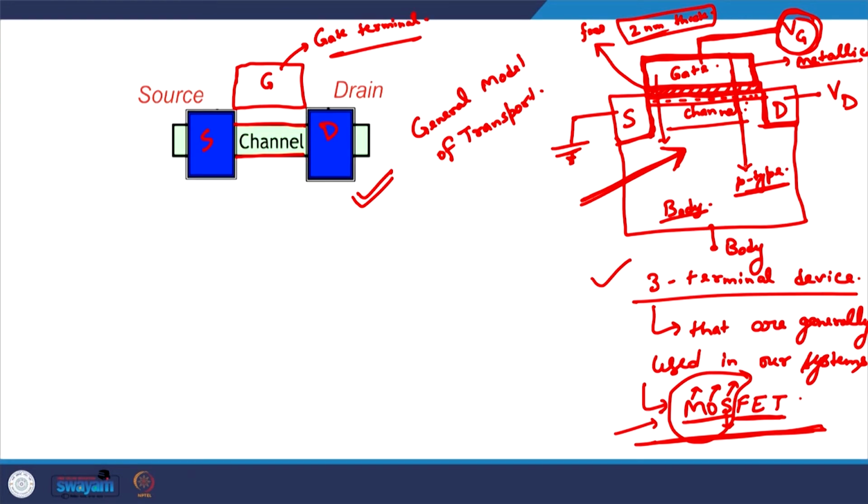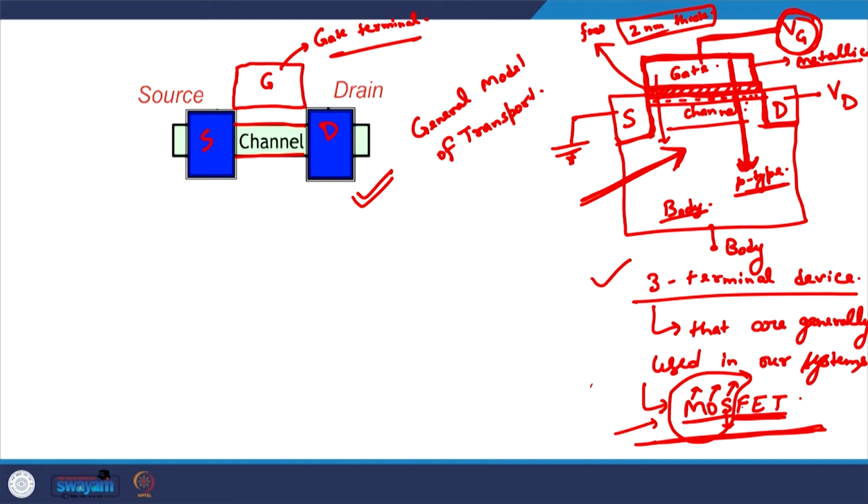So, there is a small tunneling current that might be there in this direction, but apart from that, in an ideal case, there is no current that flows from the gate terminal to the body or from gate to the channel. So, only the electric field plays the crucial role in switching on or switching off the MOSFET, and that is why this is known as the field effect transistor.